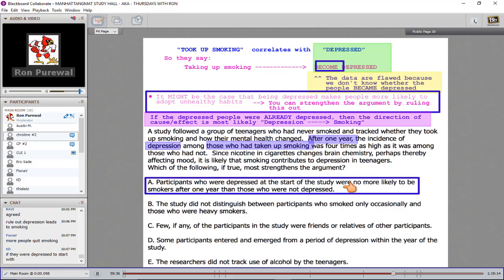So what this is doing is it addresses the problem with the data, and it also rules out this direction of causation. It means that it's not that way. So you can actually think of that in either of those two terms. It's both. The data have an issue in the first place. Also, if the causation were the other way around, then you would obviously expect the initially depressed people to smoke more. And they don't.